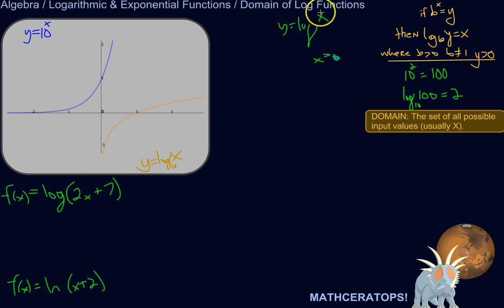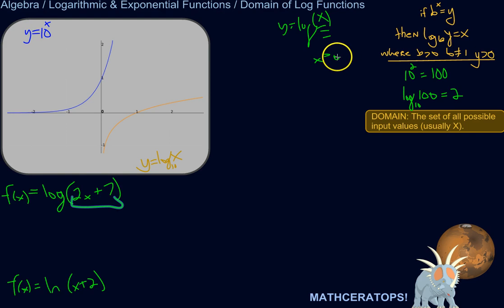Now, if you take something a little more complicated than just x, you have to figure out what will make the inside of the function greater than 0. For example, f of x equals log of 2x plus 7, with no base stated, so we assume base 10. We simply ask what's going to make this inside greater than 0, because we're taking the log of all of this.